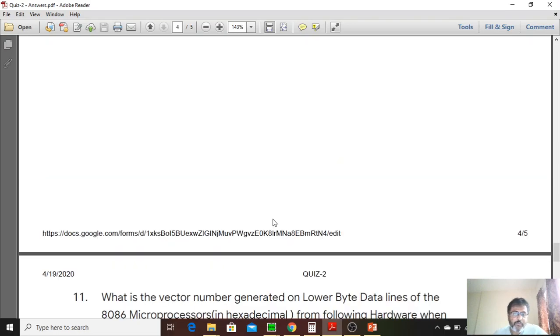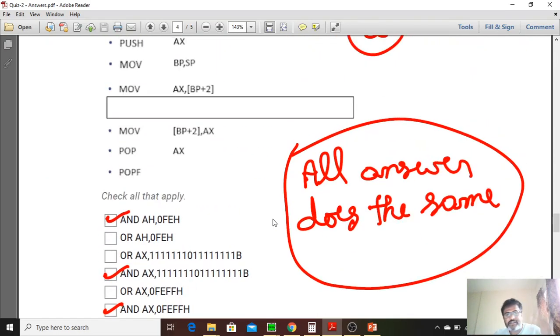Most of you emailed about the sequence, but it's not written in the question that you have to put it in a sequence. See, it is not required to be put, right? So these things are executed in sequence only. Okay, it has been told that when the interrupt happens, these things happen in sequence in the microprocessor.